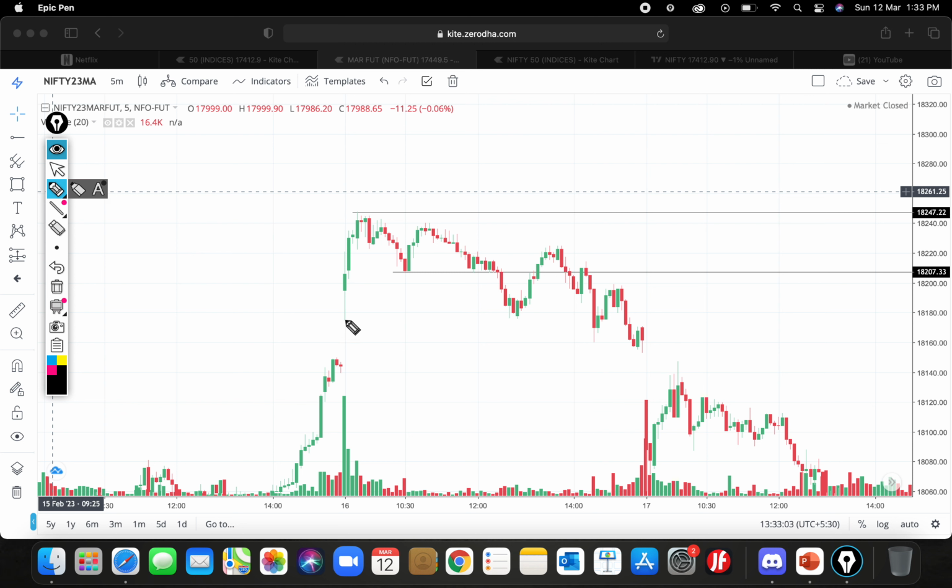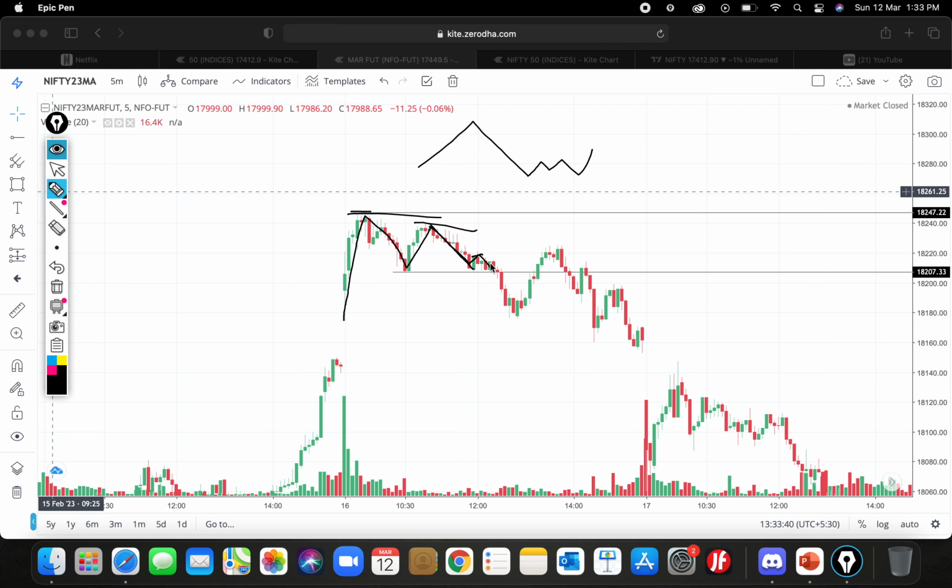The market had a low, a high, a higher low, but this was not broken, and this was not a proper higher low creation. A higher low is supposed to be created something like this. See, we could see the market was trying to push towards the support level. It did not break any of these previous highs.